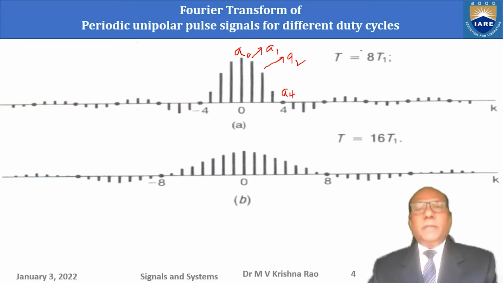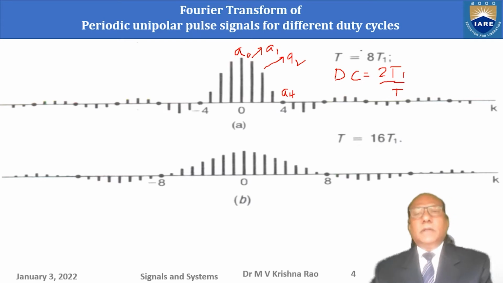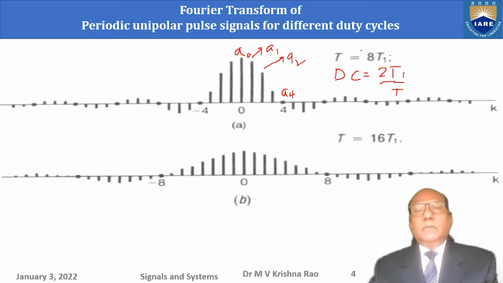So what is the duty cycle here? Duty cycle DC equal to 2t1 by T. In this case, T equal to 8t1.